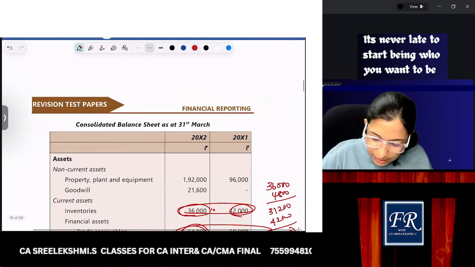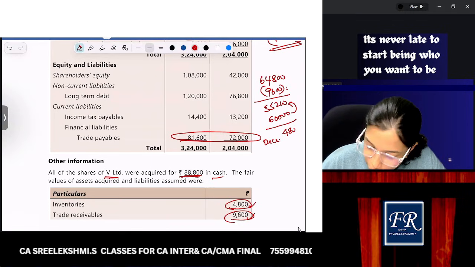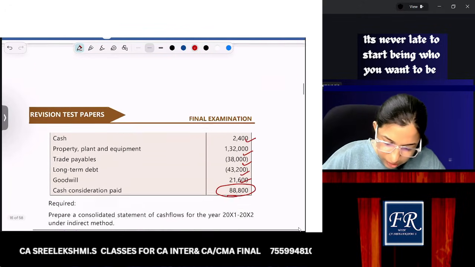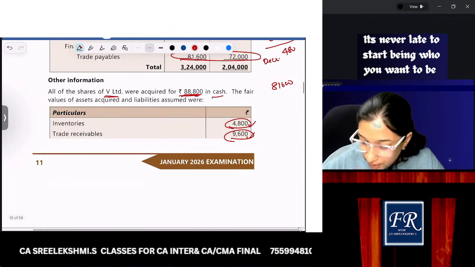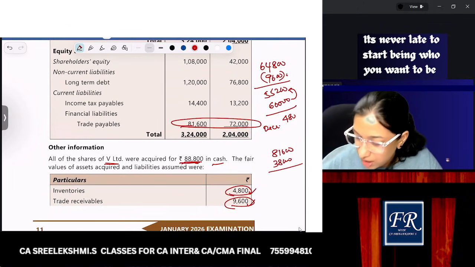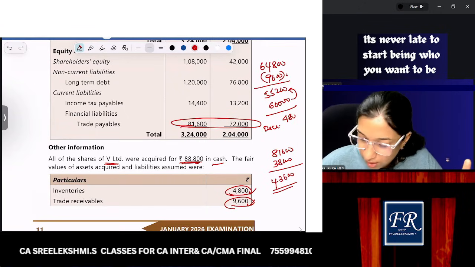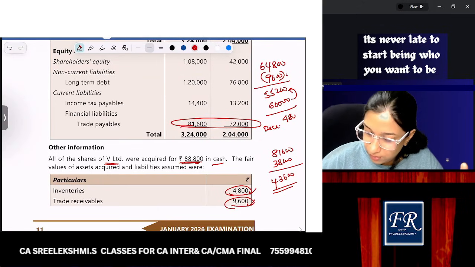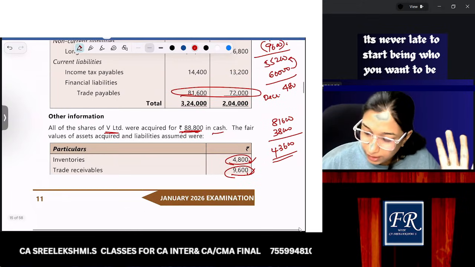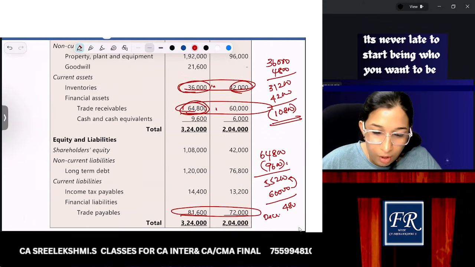Then trade payables, whether decrease or increase, let's find out. Trade payables closing was 81,600. How much is the trade payables I purchased from my subsidiary? 38,000 I purchased from the subsidiary. So 81,600 minus 38,000 is 43,600, and my opening was how much?